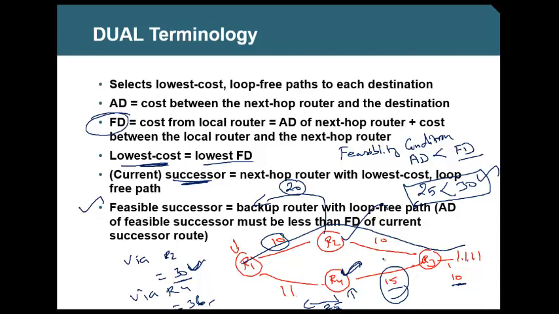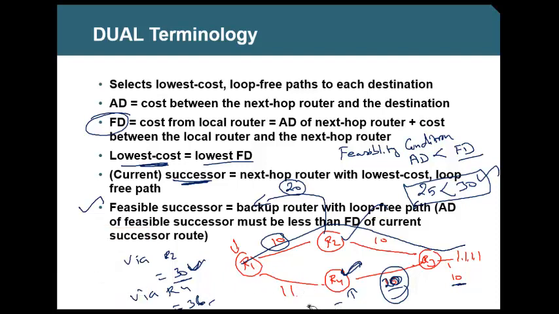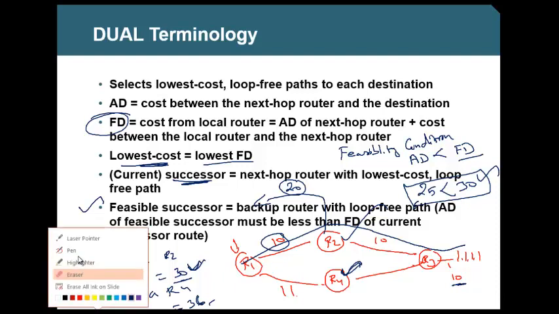If this condition is not met, for example, if I would have had 20 here, what is the advertised distance via R4? Can you please answer? Wait, let me write again. Here it is 20. Okay.